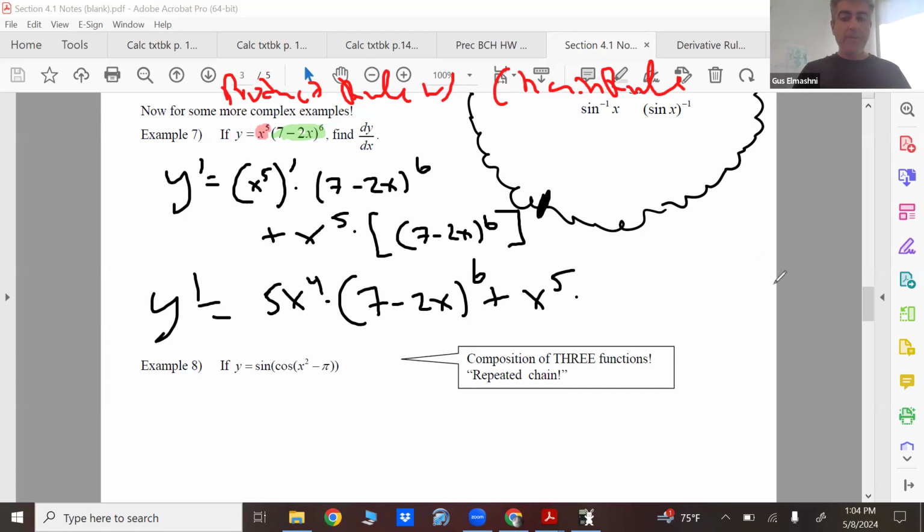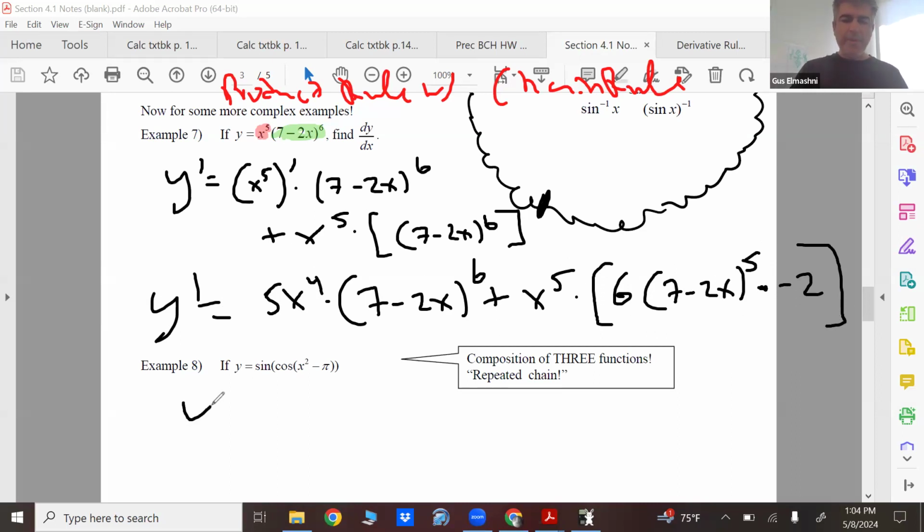Now careful here. Very careful here. That's going to be 6, 7 minus 2x raised to the 5th power times what's the derivative of the inside? Boom. Got it. Let's clean up just a little bit. Hold on, trying to think how to clean it up. x to the 4th.